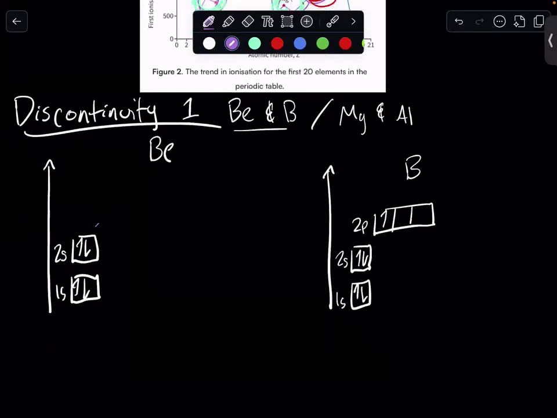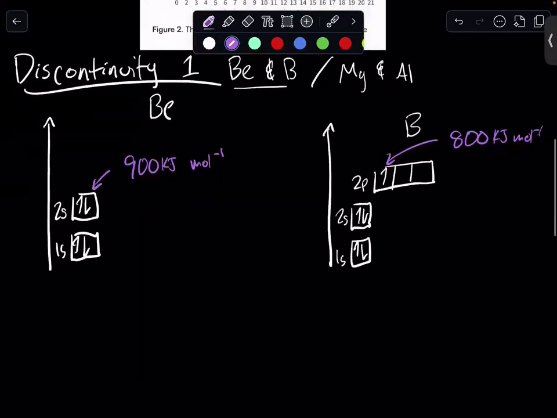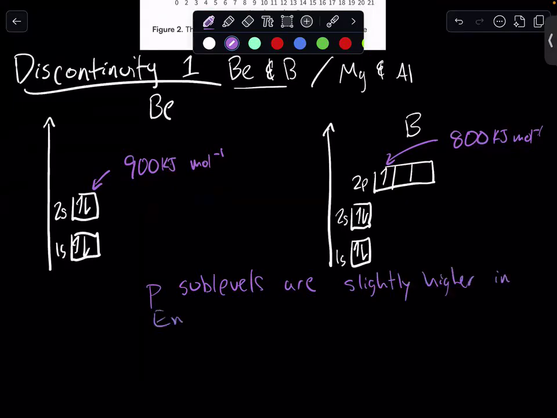As we look at the ionization energy, to remove an electron from here, it's about 900 kilojoules per mole. Well, this electron right here is about 800 kilojoules per mole. And that discontinuity specifically comes because the p sublevels are slightly higher in energy than s of the same n.